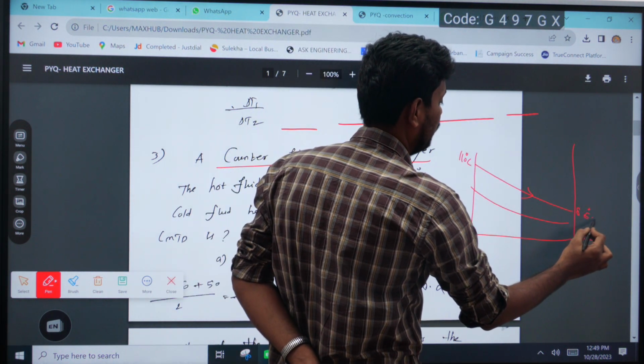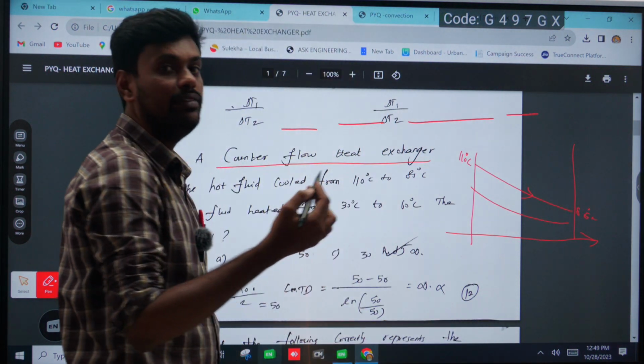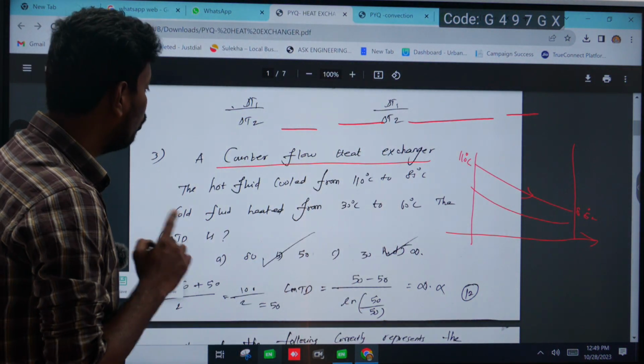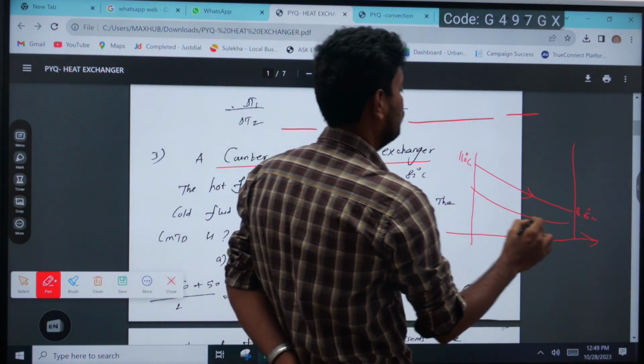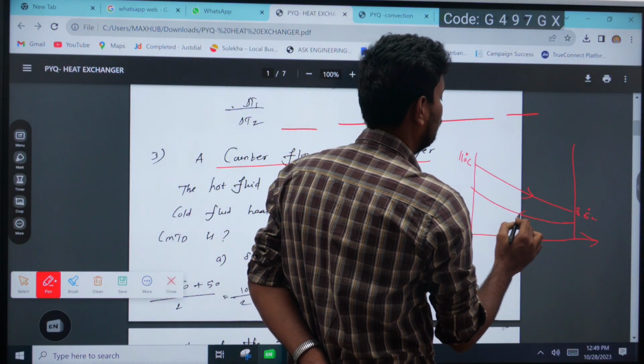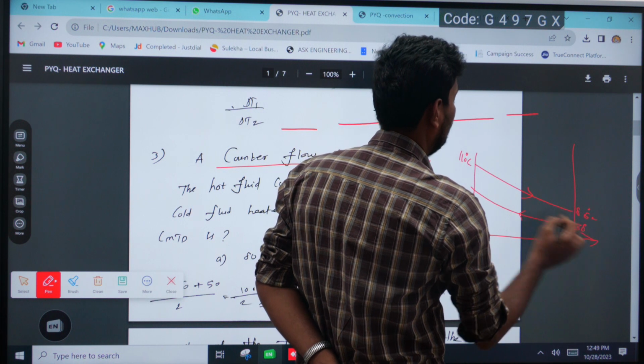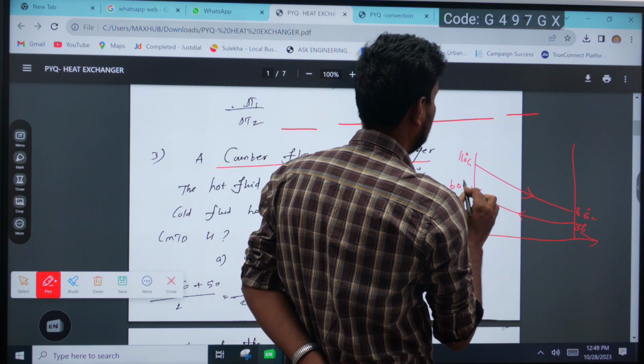So it is entering at 110 degrees Celsius and leaving at 85 degrees Celsius. The cold fluid is heated from 30 degrees Celsius to 60 degrees Celsius. So it is entering at 30 degrees Celsius and leaving at 60 degrees Celsius.